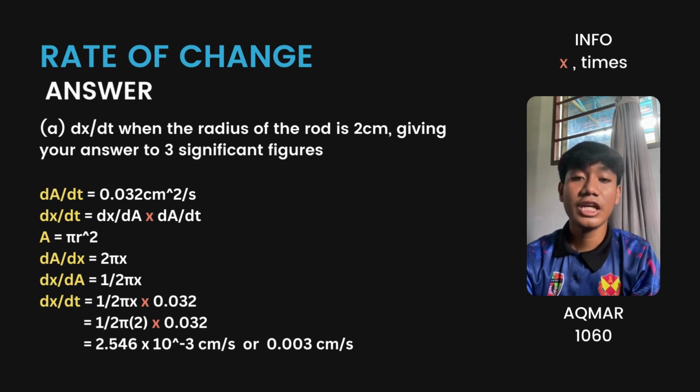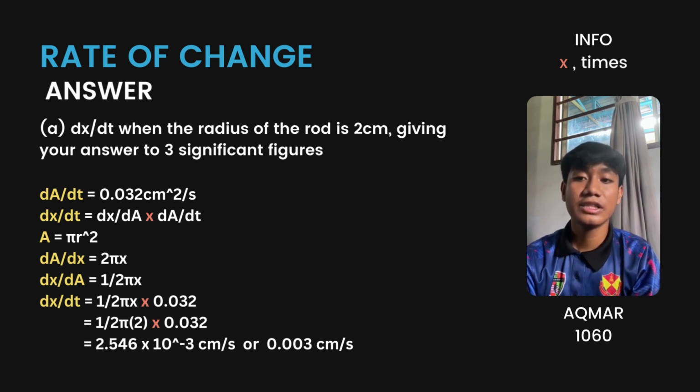The formula for dx/dt is dx/dA times dA/dt. A equals pi x power of 2. Next step, dA/dx equals 2 pi x. And then, dx/dA equals 1 per 2 pi x.